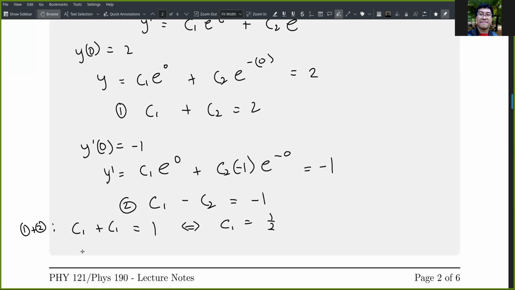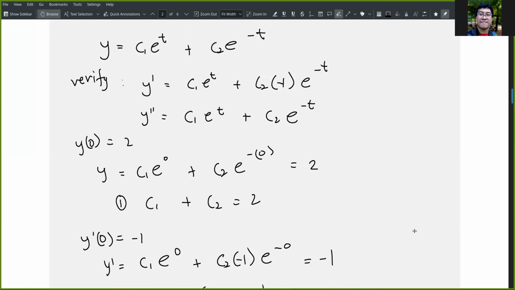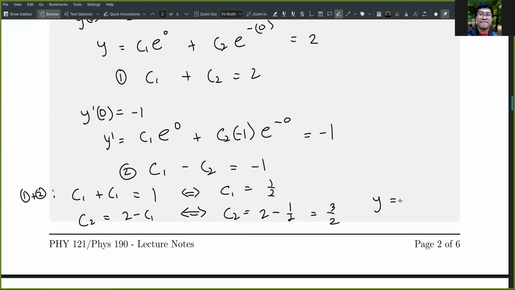Knowing that, say using equation 1, c2 equals 2 minus c1. So that would be c2 equals 2 minus 1 half, or 3 halves, which then finally gives us y equals c1 e^t, so that's 1 half e^t plus 3 halves e^(-t).